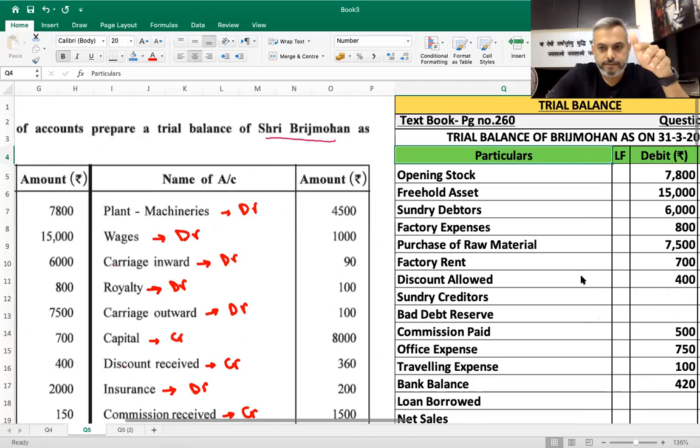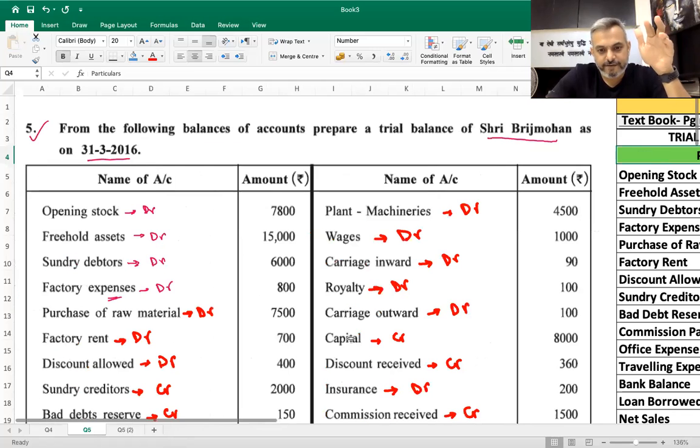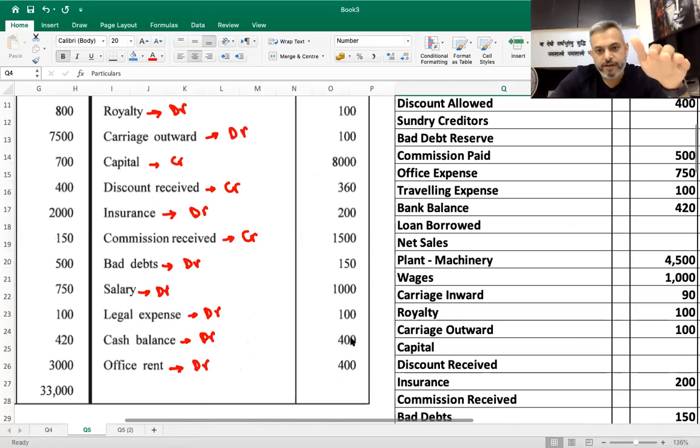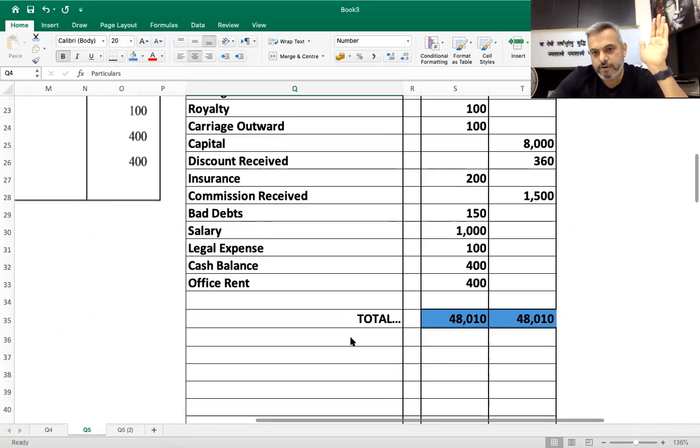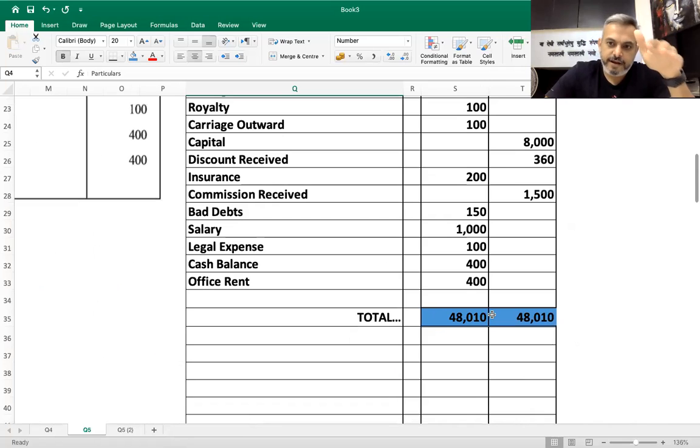Now, whenever you are given a sum like this and you have done everything properly, still it does not match. In that case, it means there is some problem with our trial balance because of some wrong ledger posting. So in that case, we use a temporary account known as a suspense account.